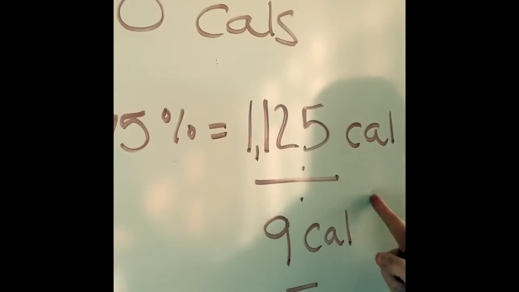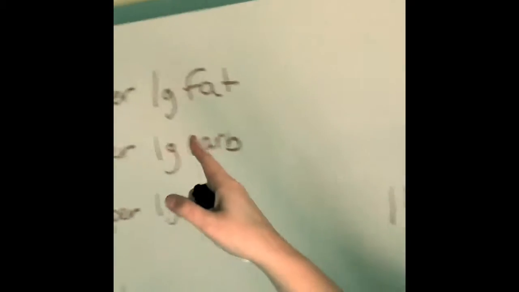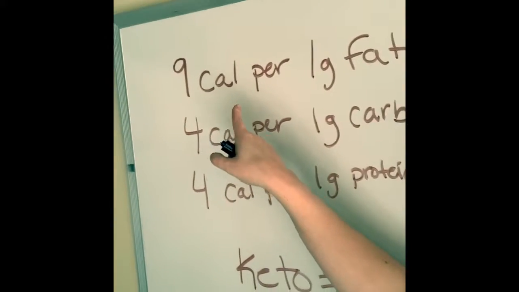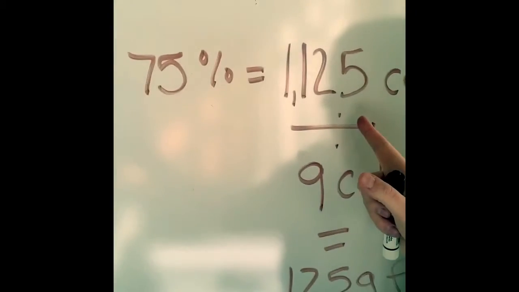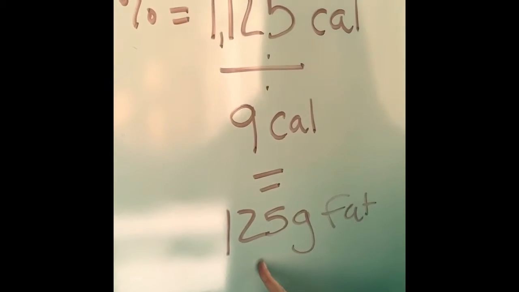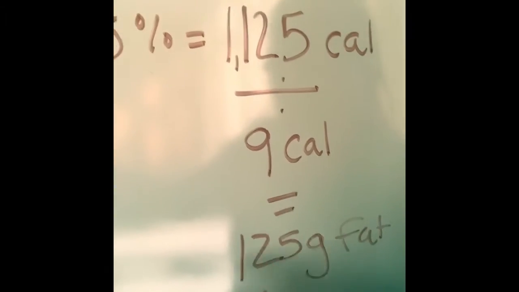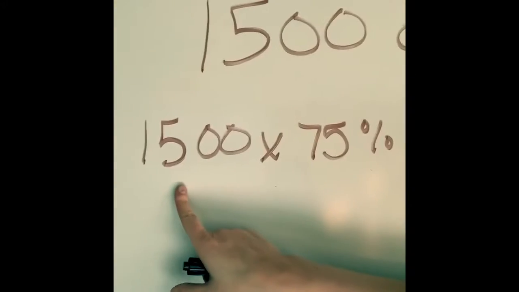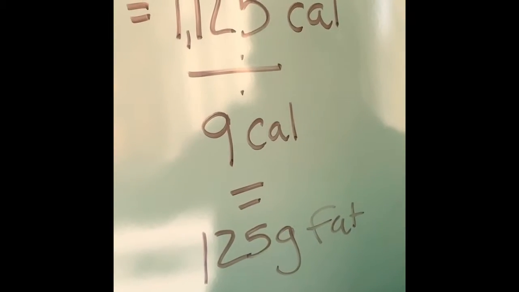Then we need to divide that by the 9 calories per 1 gram of fat. So I'm going to divide this 1,125 by 9 to get 125 grams of fat. So then I know when I'm looking to eat about 1,500 calories, that I need 125 grams of fat.